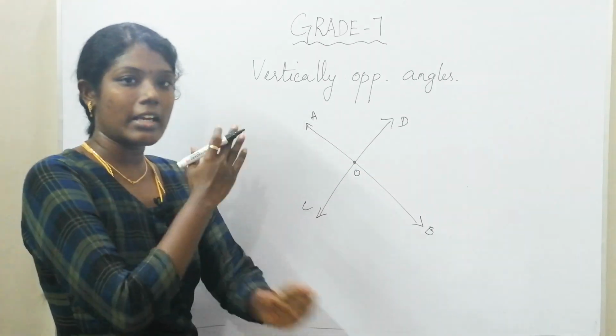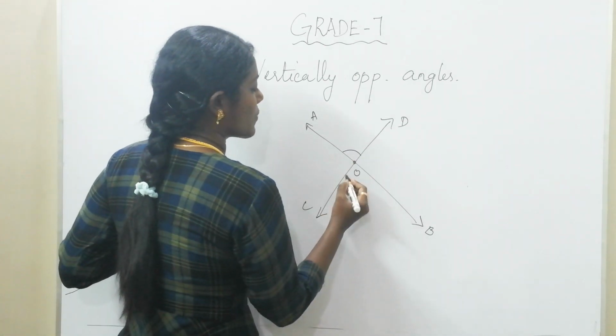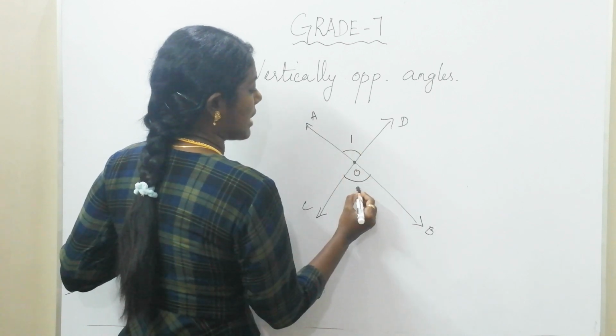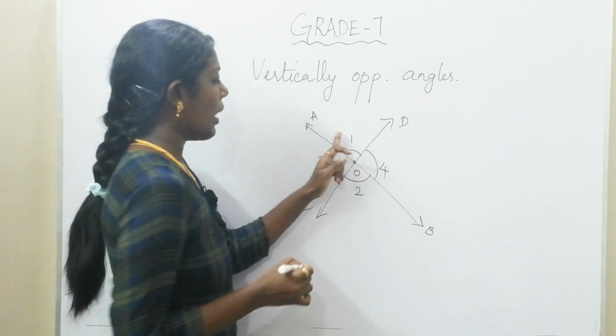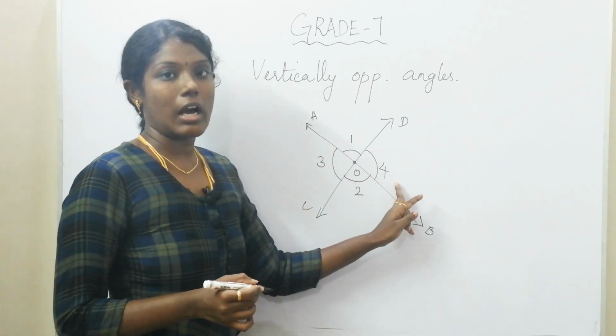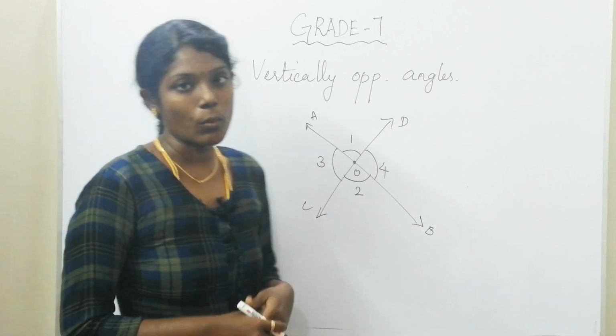You all know intersecting, right? They cross each other at point O, then the angles formed on the opposite sides are equal. That is vertically opposite angle. 1 and 2 will be equal, 3 and 4 are equal. So this is vertically opposite angles and they are equal.